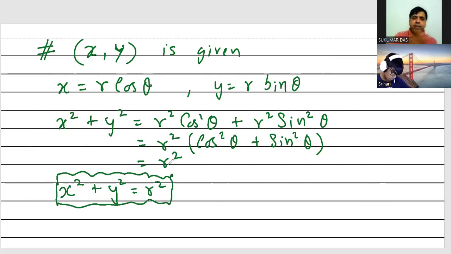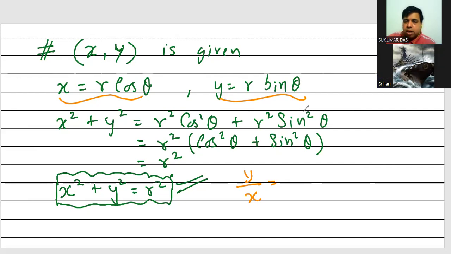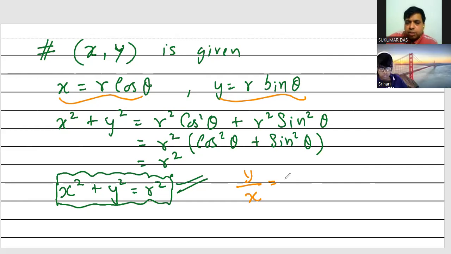So by using this, we can get the value of r. You have been given x, y, so how to calculate r? r can be calculated by using this formula. Now, if we divide these two, y over x, we will get r sine theta over r cos theta.